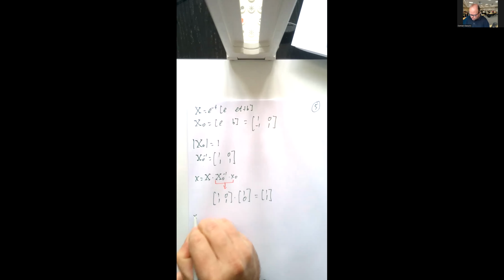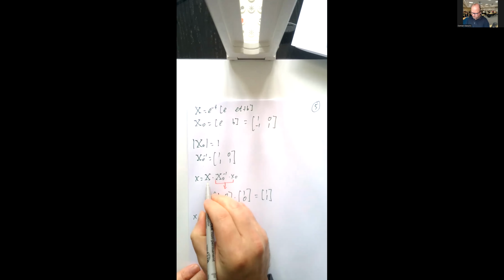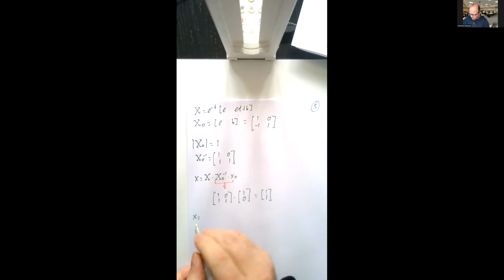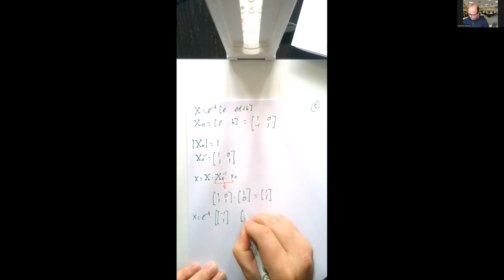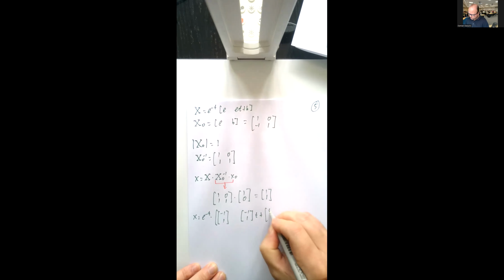And now my solution will be this, which is going to be e to the minus t times, let me write it directly, minus 1 and 1, and the second will be minus 1 and 1 times t plus B, which is 0 and 1, times 1 and 1.